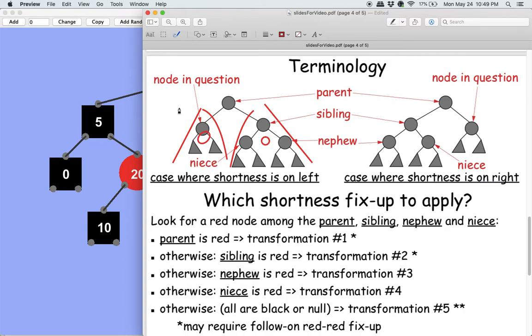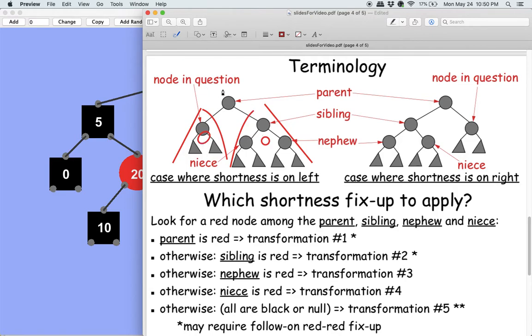And the goal is going to be to have the same tree, but have the black height be the same in both, and ideally have this side increase so it's the same as that.